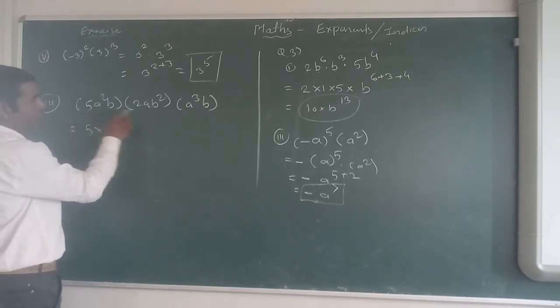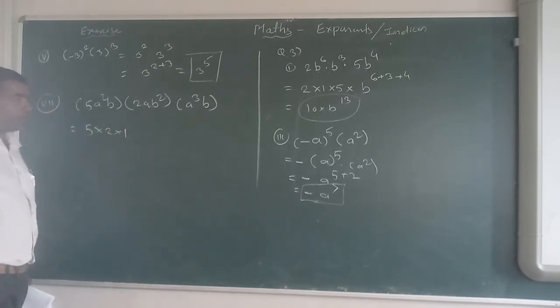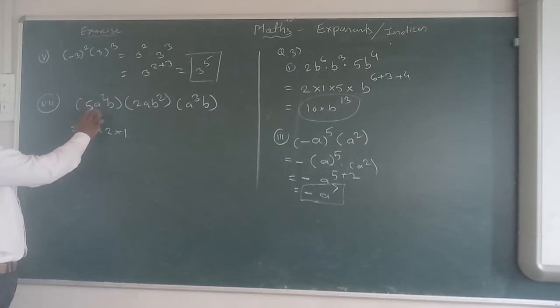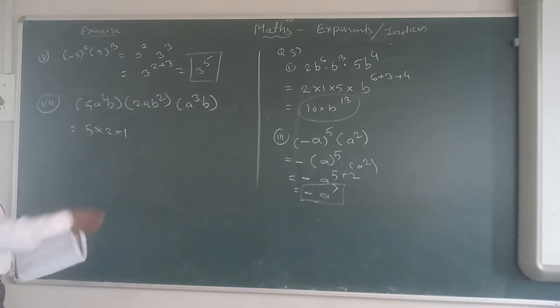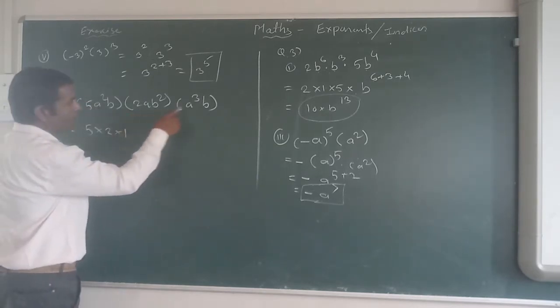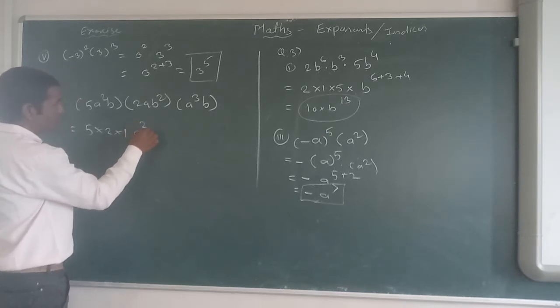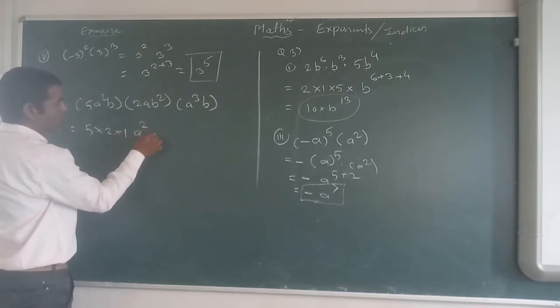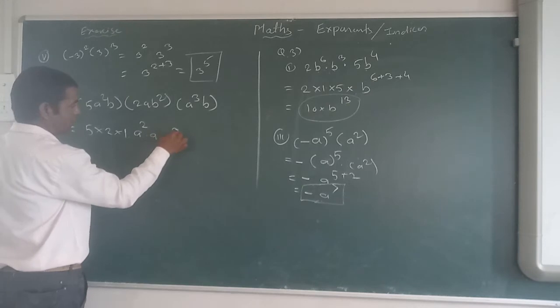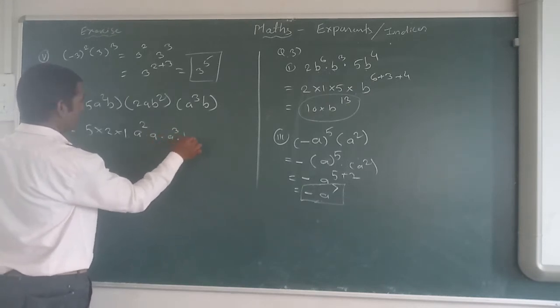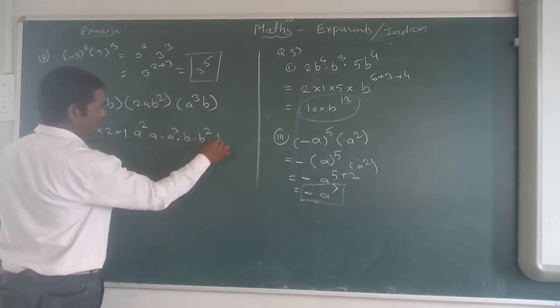Then write down the same variables near to each other. So a raised to square into a cube, then b square, then b.